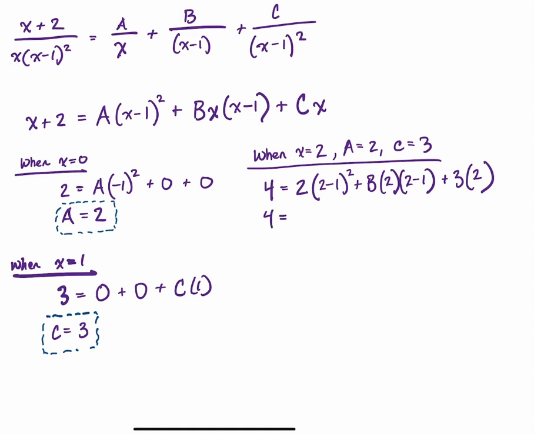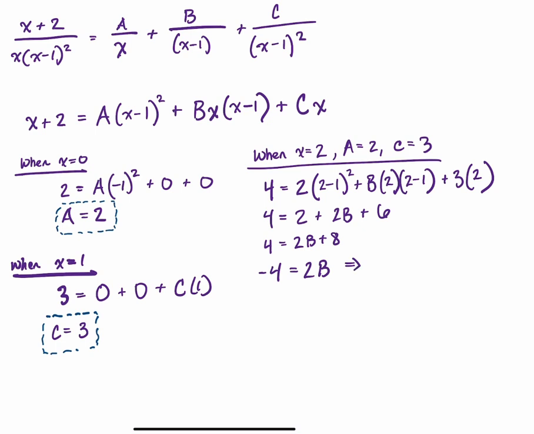This is 2 times 1 squared, so 2 plus 2b times 1 plus 6. So 4 equals 2b plus 8. Let's subtract the 8 over. 4 minus 8 is negative 4 equals 2b.